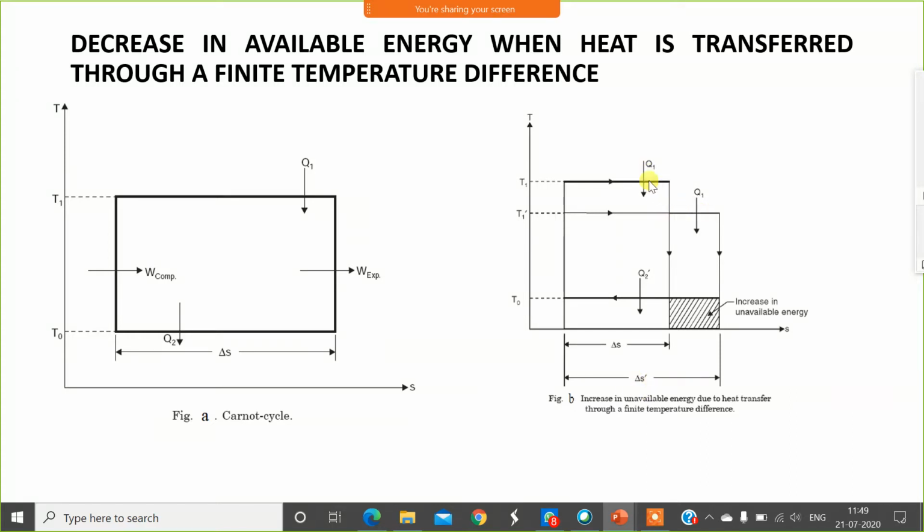Q1 in this process and in this process is the same.